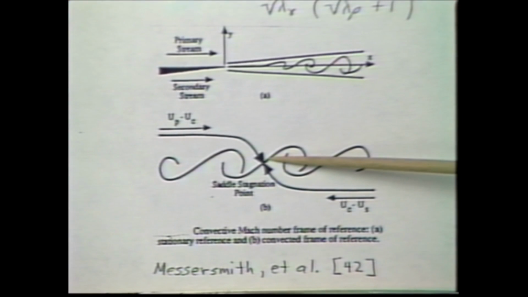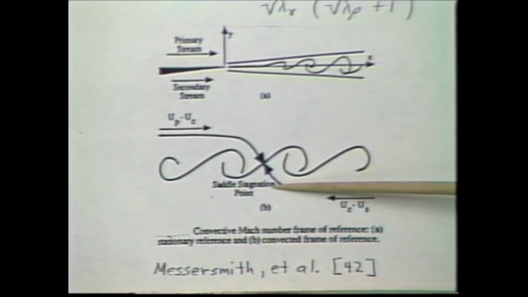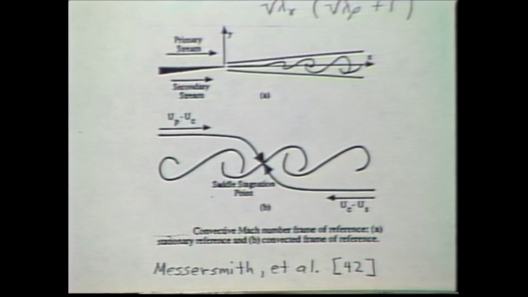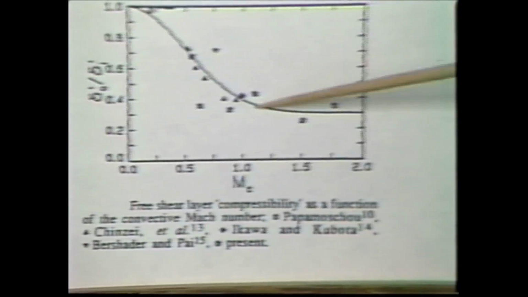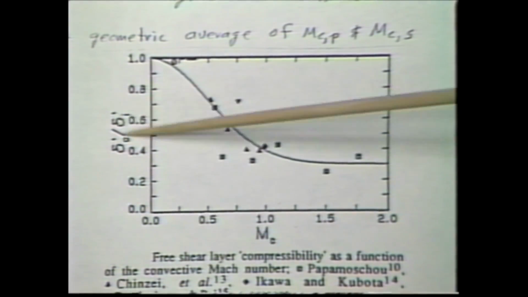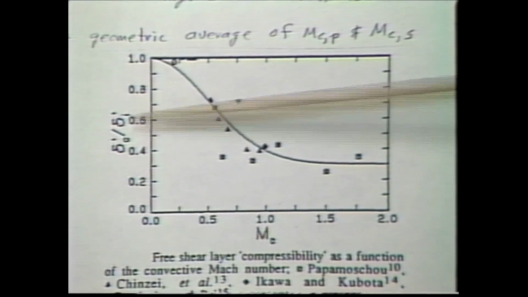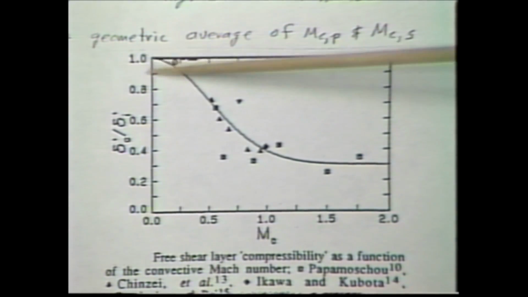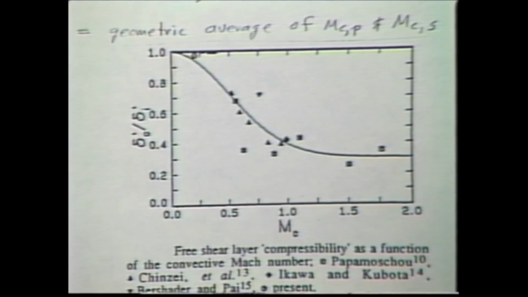That's called a saddle stagnation point. It's illustrated here in the drawing. Again, the velocities relative to that determine what the convective Mach number is, and it's a measure of compressibility. If you go to the right, higher convective Mach numbers decrease the shear layer growth rate relative to the incompressible value, which the ratio at low speeds or incompressible is 1, and it decreases with Mach number. Very important consideration.